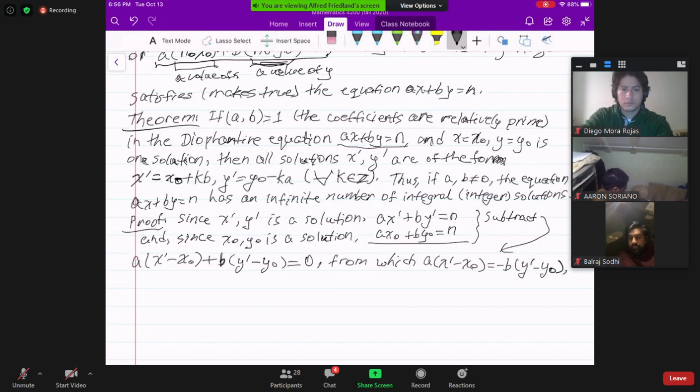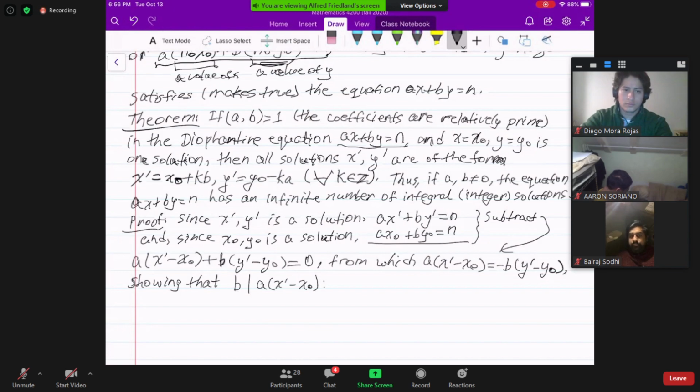And that shows by definition of divisibility, so all these things that we built up to, that b divides a times x prime minus x sub 0.